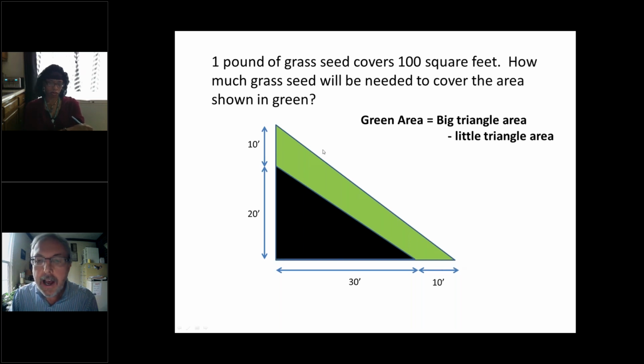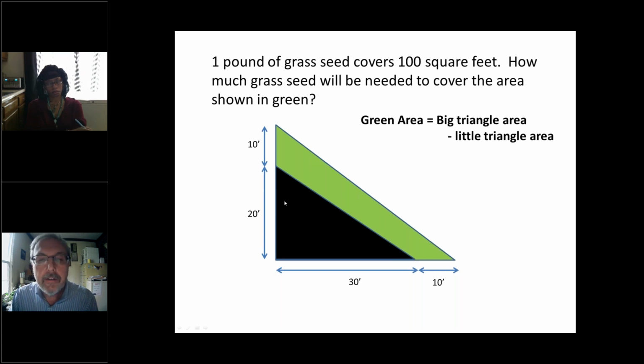How much area would it have? And then how much less would it have if we took away the area of this triangle?